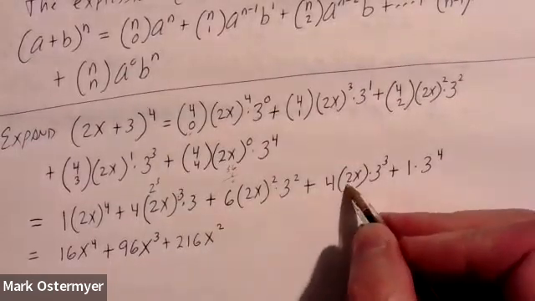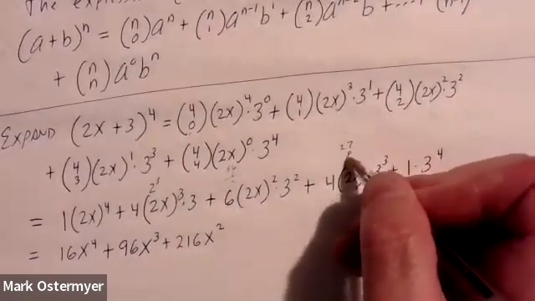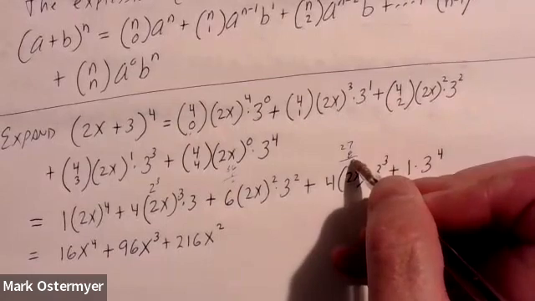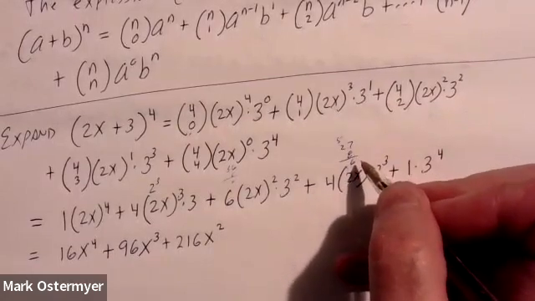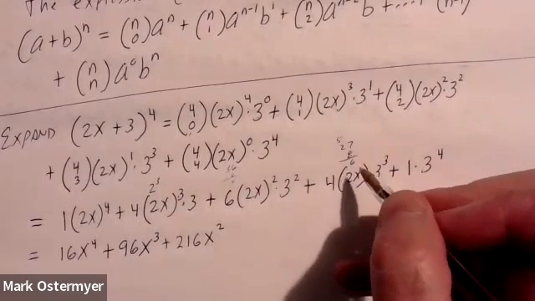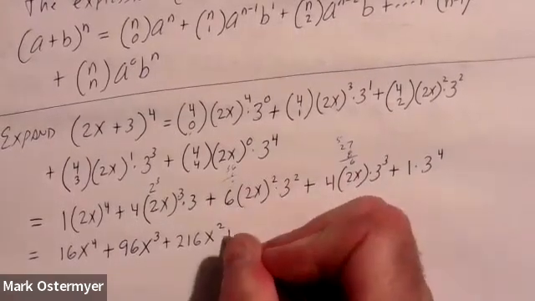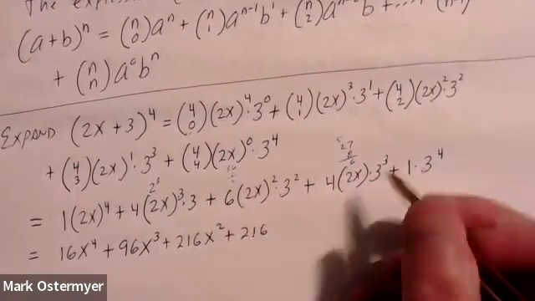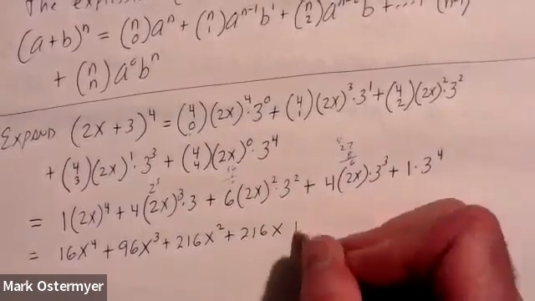4 times 2 is 8. 3 times 3 times 3 is 27. 8 times 27. Is that 216 also, I believe? I believe it is. 216x. 3 to the 4th power is 81.